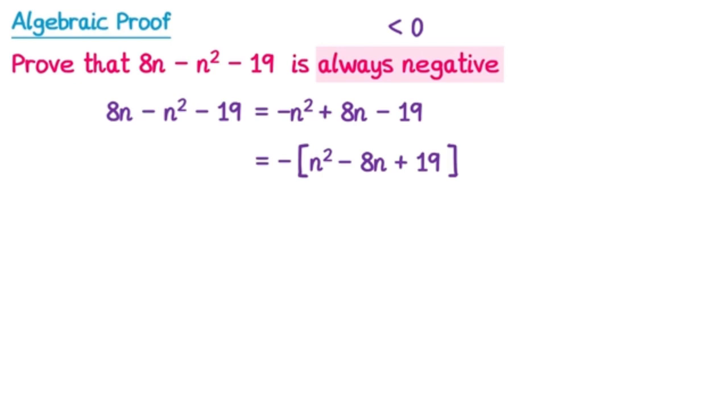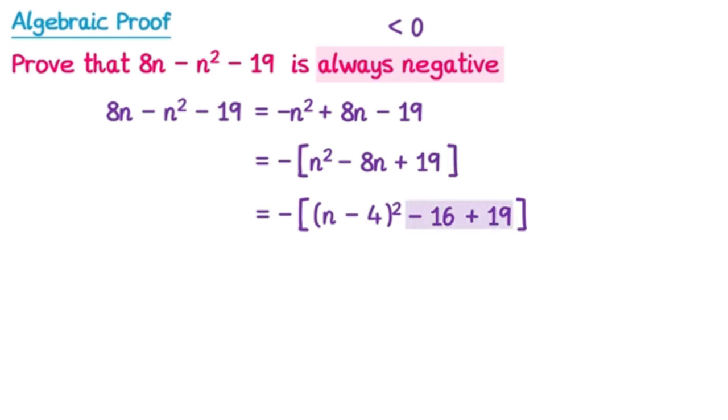Now we're going to complete the square on what's inside the large bracket. So for n squared minus 8n, we halve the 8 to get negative 4, so it's (n - 4) all squared. We square negative 4, which is 16, and subtract it, and then we have plus 19.